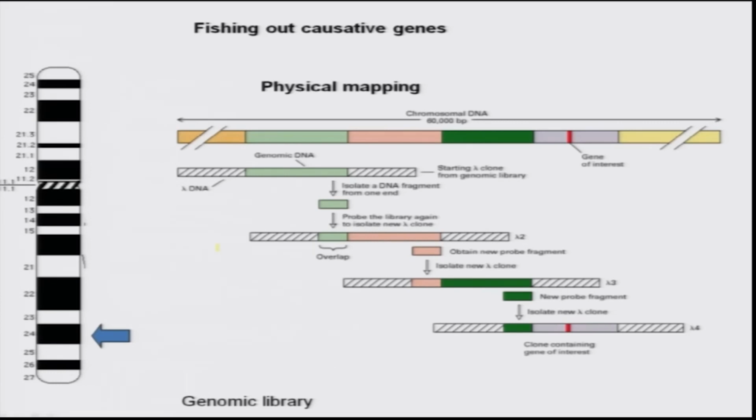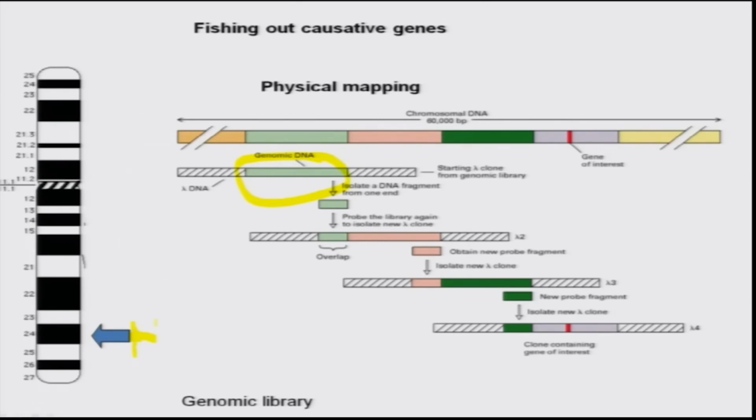What you do in this case is that, for example, this is the region you narrowed down, you have markers, and you use these markers to screen the genomic library. Once you screen the genomic library, you get a DNA fragment from the library that represents somewhere here a fragment of that particular chromosome.